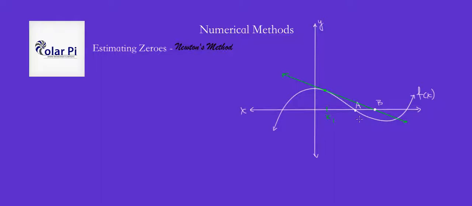As I'll show you in Mathematica, once we get the formulation of Newton's method, you can create an iterative process that will improve this guess of b repeatedly.